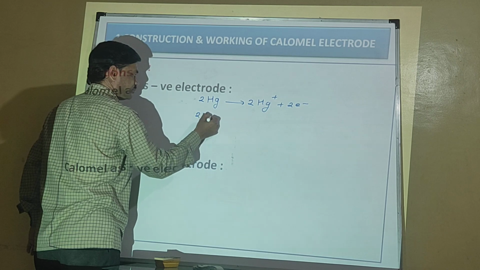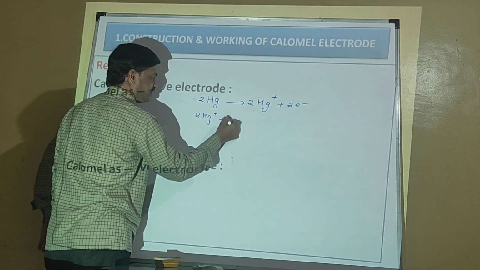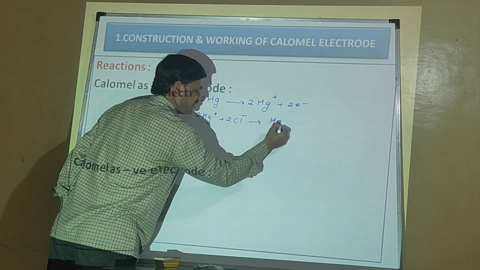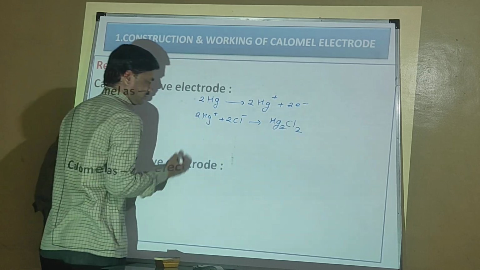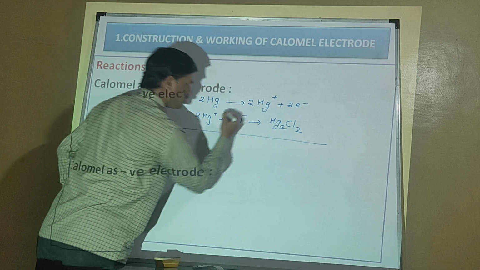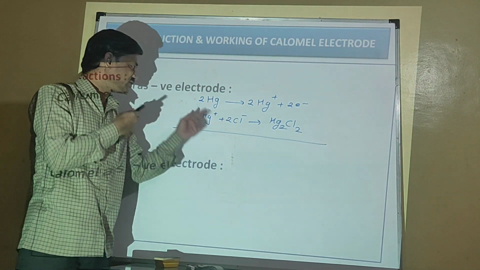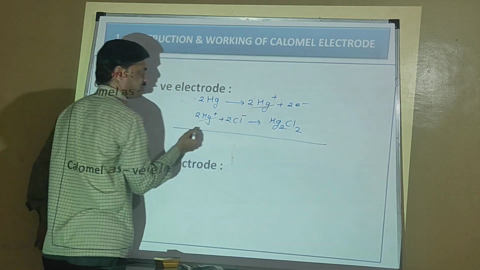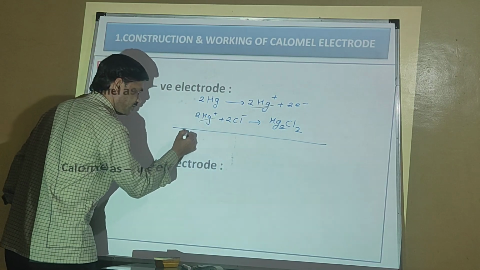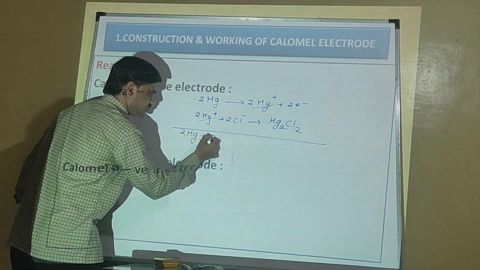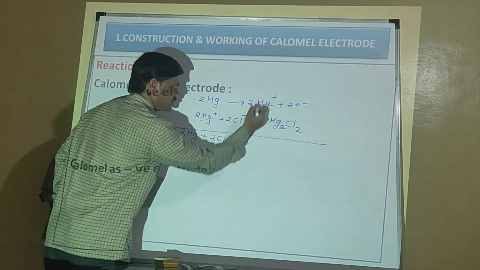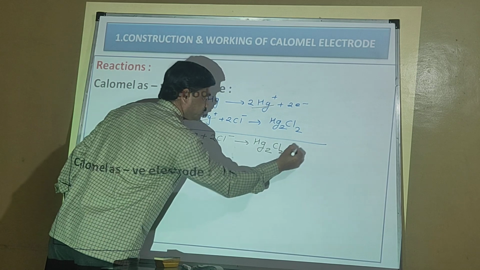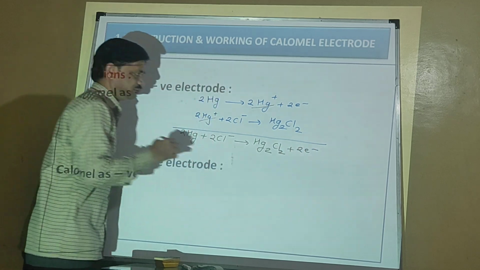Then these 2 Hg plus ions react with 2 Cl minus ions to form which species? Hg2Cl2. Now tell me the overall reaction when calomel acts as negative electrode. This Hg plus gets cancelled. What remains? 2 Hg atoms plus 2 Cl minus gives rise to Hg2Cl2 plus loss of 2 electrons.